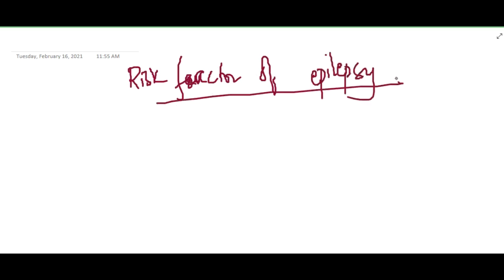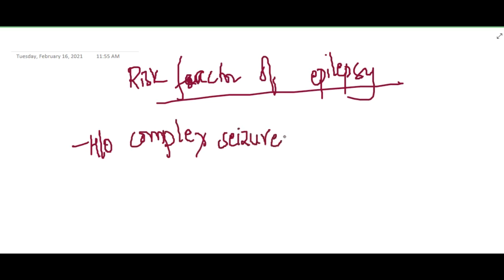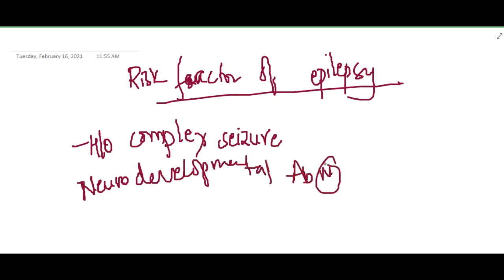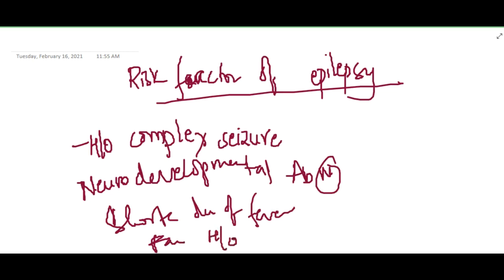The risk factors are a history of complex seizure, which is a type of focal seizure lasting more than 15 minutes with frequent recurrences, any neurodevelopmental abnormality, shorter duration of fever leading to the seizures, or family history of seizures.